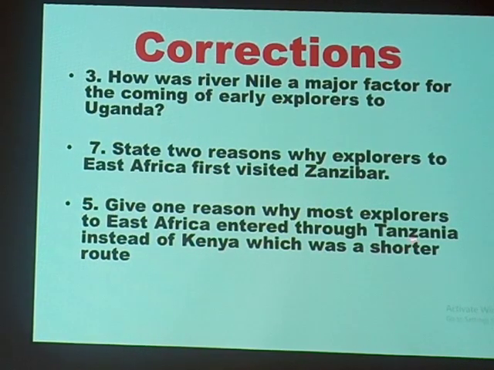Why was entering through Tanzania a longer route than Kenya? Solution: the people of Tanzania were more hospitable than those of Kenya. Same as the people of Tanzania were friendlier than those of Kenya.